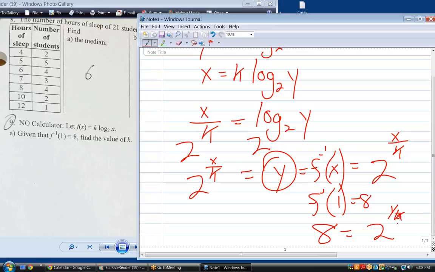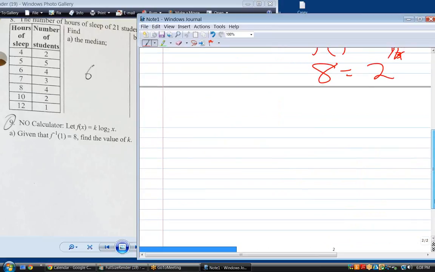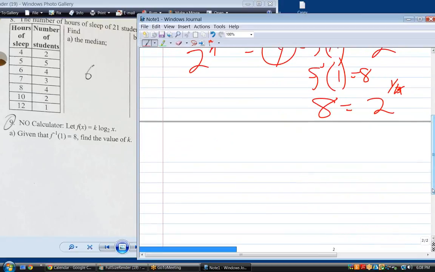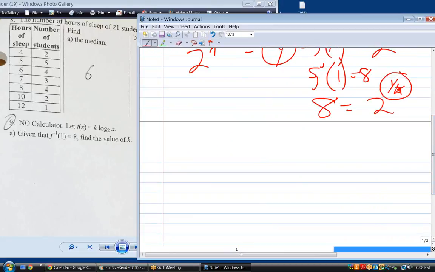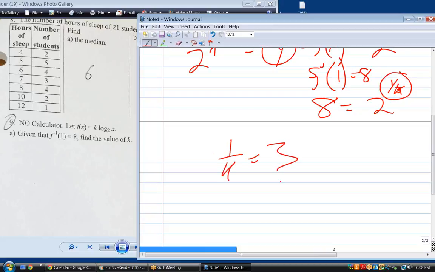What would k be equal to? 3? Not quite, but close. It'd be the other way. 1/3. In other words, we know that 1 over k has to be equal to 3, correct? Right. So k equals 1/3.